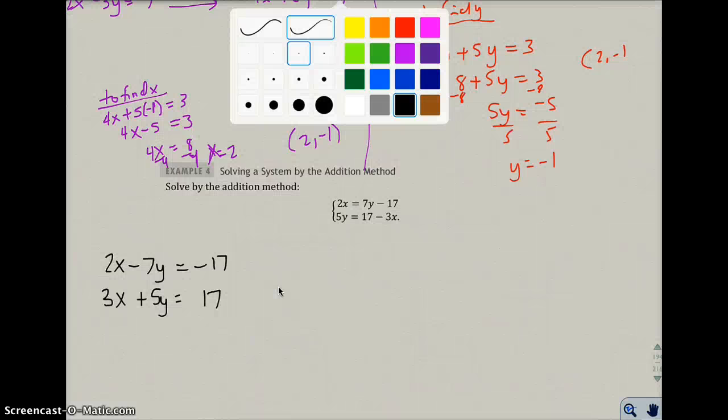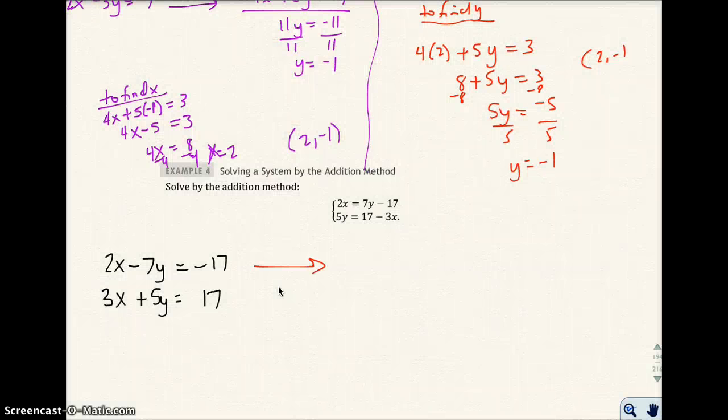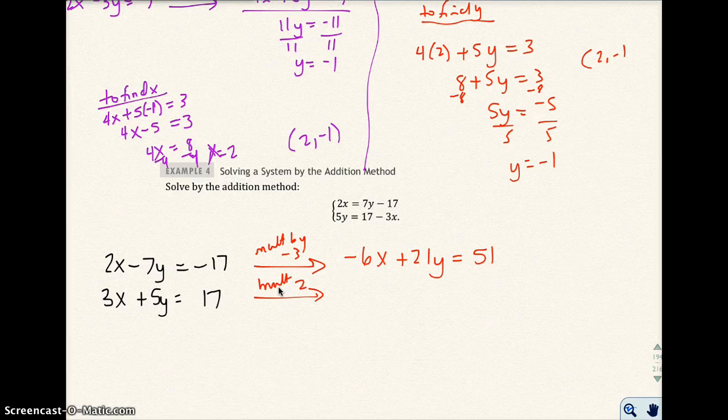I'm going to go ahead and eliminate x. So I'm going to multiply by -3. Down here I'm going to multiply by 2. That gives me -6x plus 21y equals positive 51. And down here I would get 6x plus 10y equals 34.